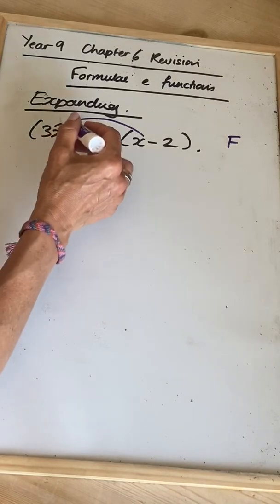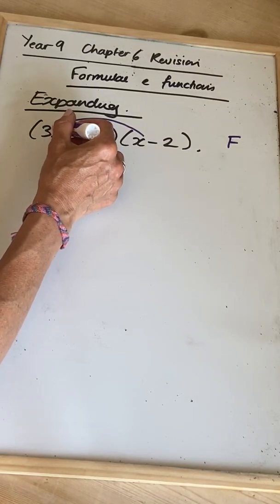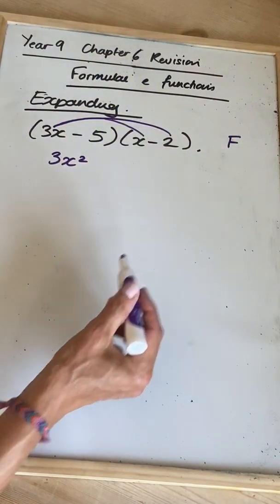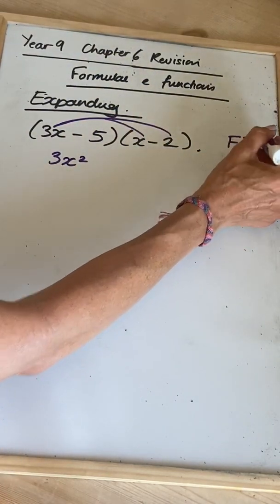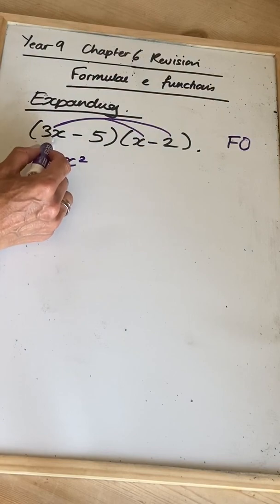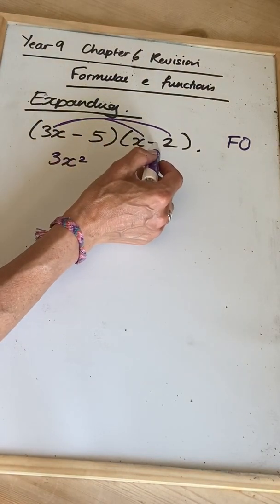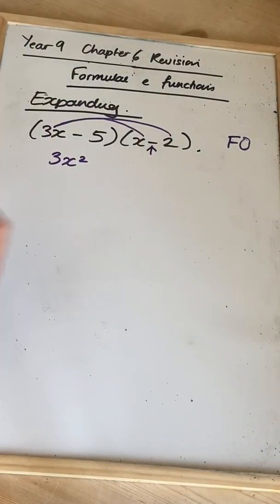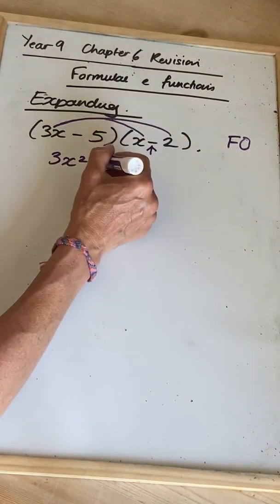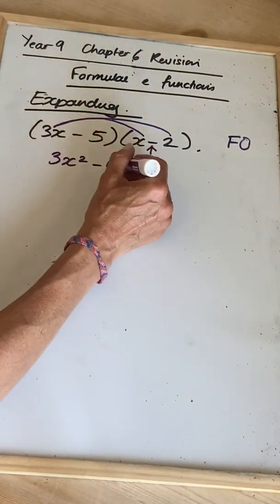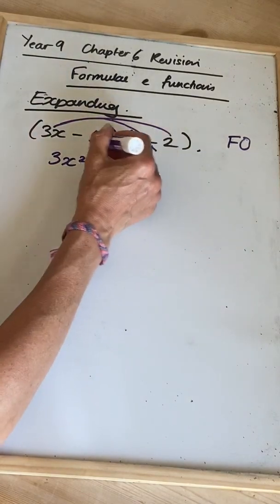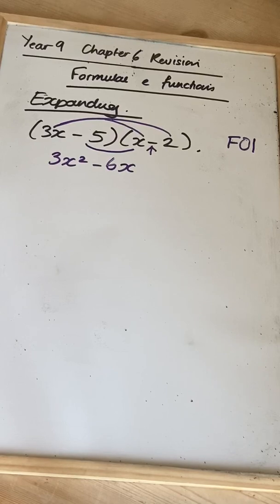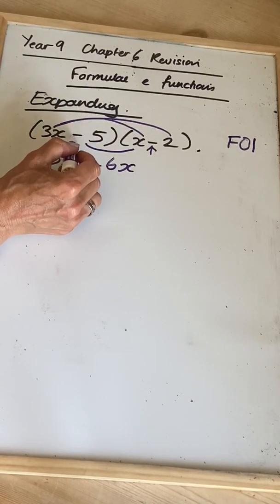Then I'm going to take the outside terms and multiply them. Now I've got a 3x and I'm multiplying it by a minus 2. Be very careful with that negative number. 3 times minus 2 is minus 6, and it's an x. Then I look at these two inside numbers. Again, be careful of the negative number here.